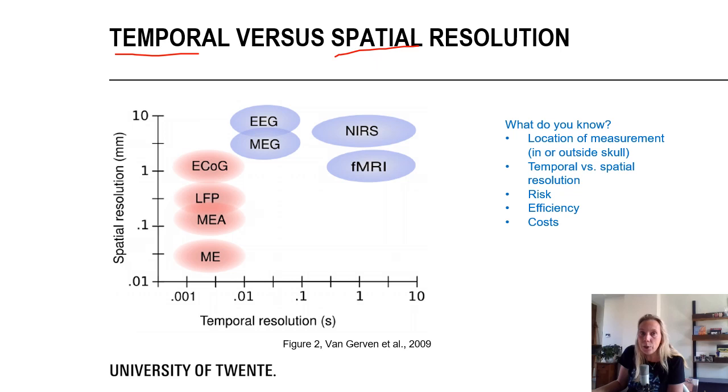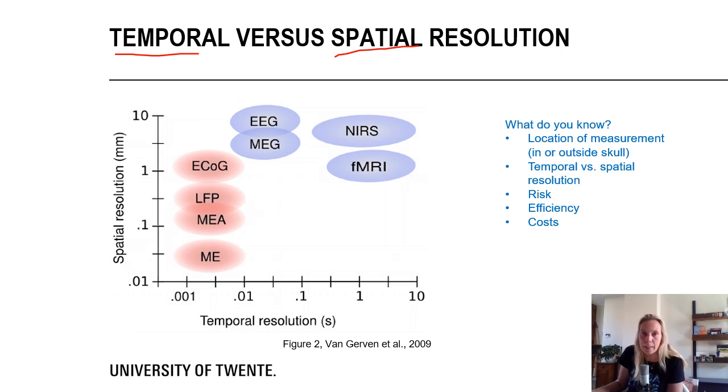And the ECOG, where you place the electrodes on top of the brain, but under the skull, they still collect the summation of electrical signals. So they have a poorer spatial resolution than the microelectrode arrays, for example. But it's still better than the EEG. So the EEG still has a high temporal resolution, but it has a poor spatial resolution.